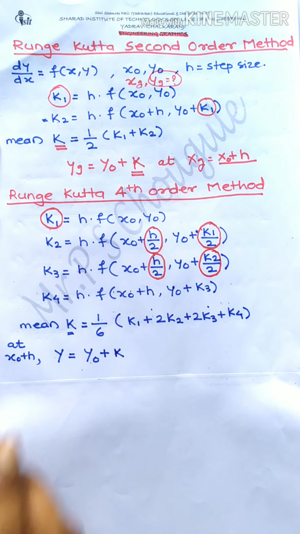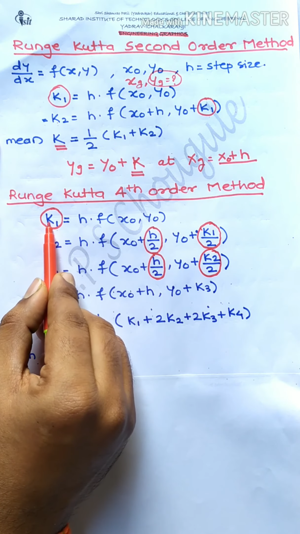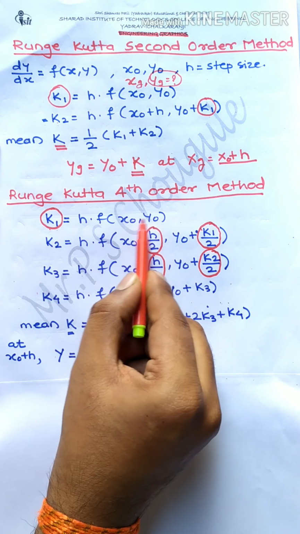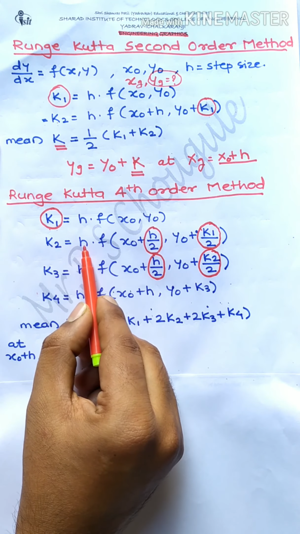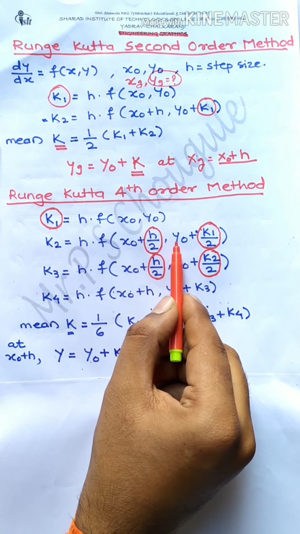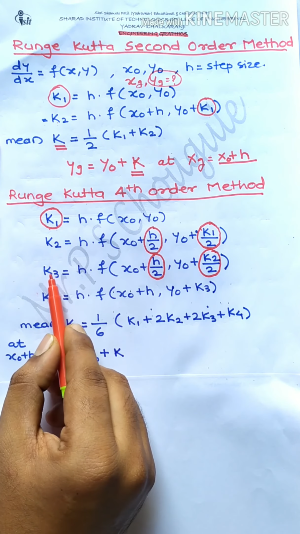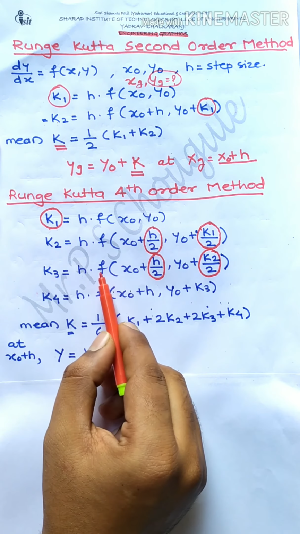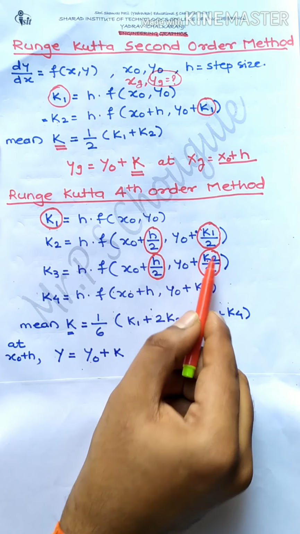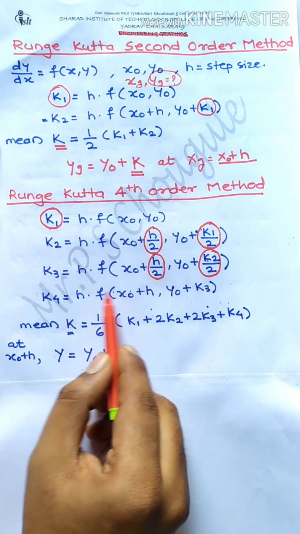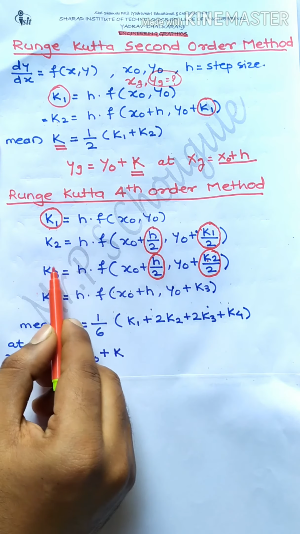That means every k depends upon the previous one. This k value depends upon the initial conditions and the value of h. Next k2 depends upon the value of h, initial values as well as the value of k1. Similarly, k3 depends upon the initial conditions as well as the value of k2. And the last one depends upon the value of h, initial conditions and the value of k3.